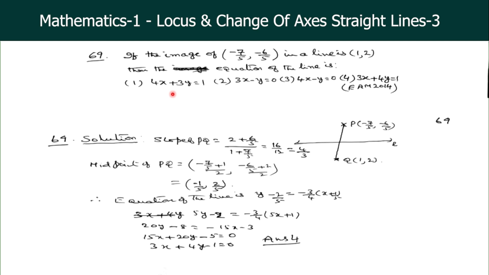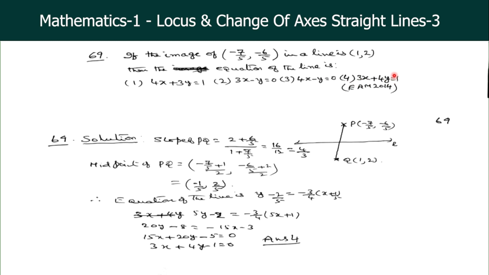If the image of (-7/5, -6/5) in a line is (1, 2), then the equation of the line is: (1) 4x + 3y = 1, (2) 3x - y = 0, (3) 4x - y = 0, (4) 3x + 4y = 1.